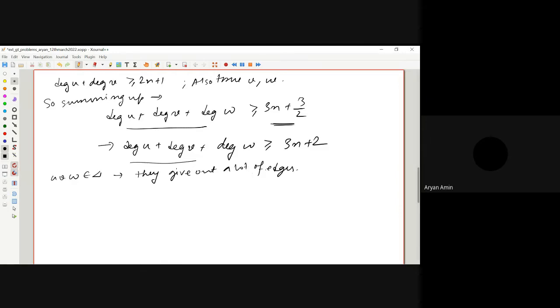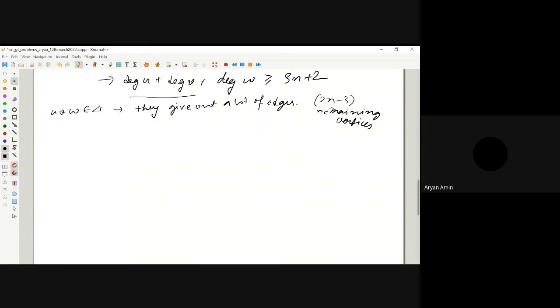3n plus 2 is a lot of edges because you have 2n minus 3 remaining vertices, right? So suppose A was a vertex not in UVW. Let X of A denote how many neighbors A has.